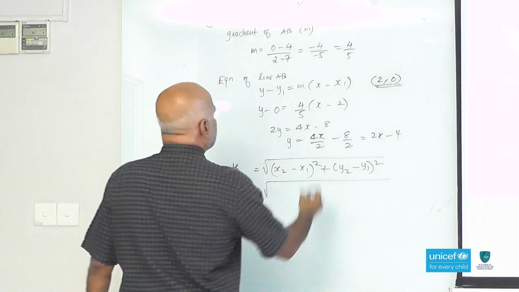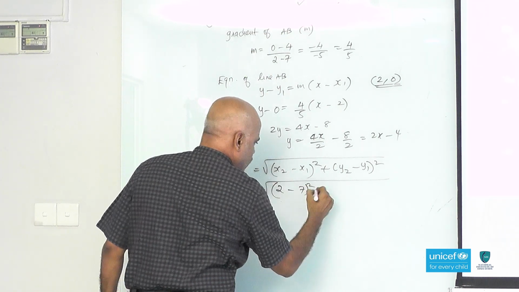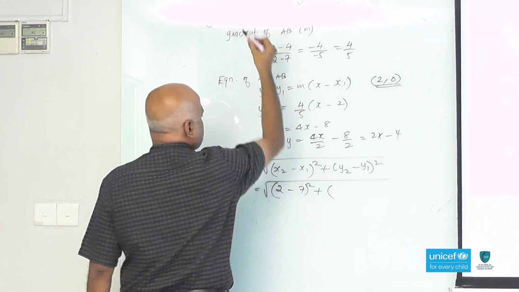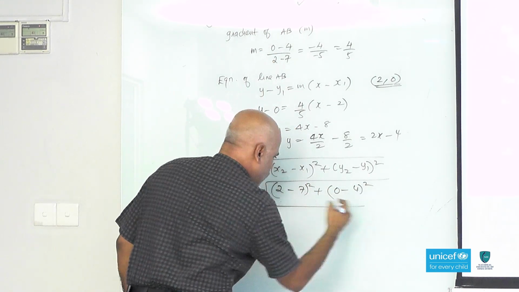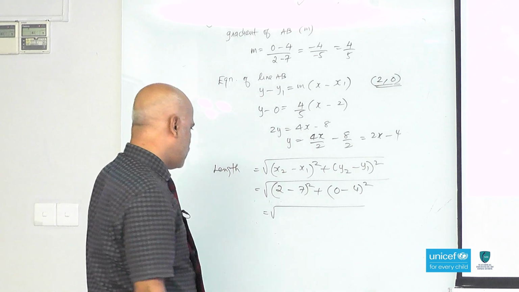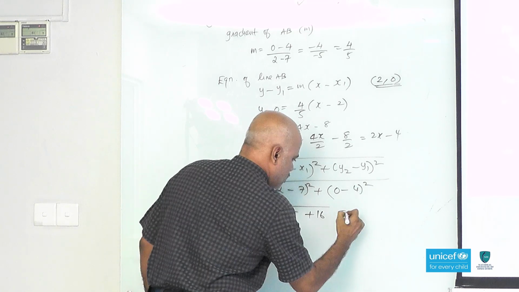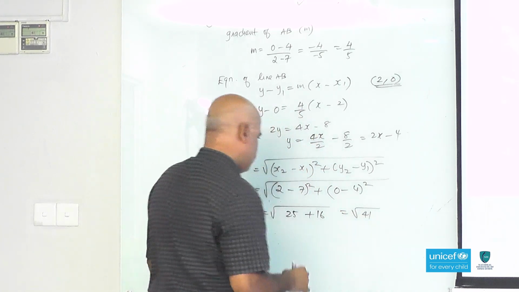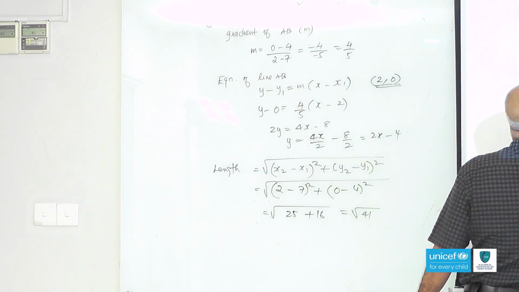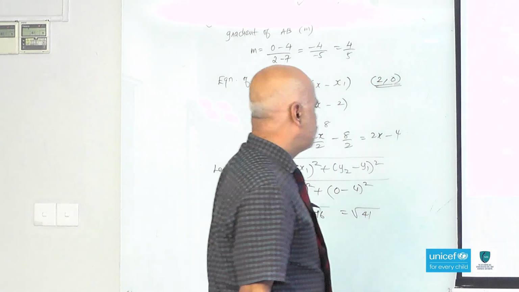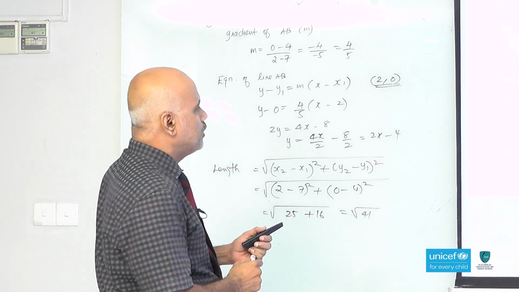So x2 minus x1, 2 minus 7 the whole square plus y2 minus y1, 0 minus 4 square. So root of 5 square, which is 25, plus 16, that will be root of 41. I think the question is also asked in leaving the answer in the surd form, so I can leave it like that. So A and B are a bit straightforward part.